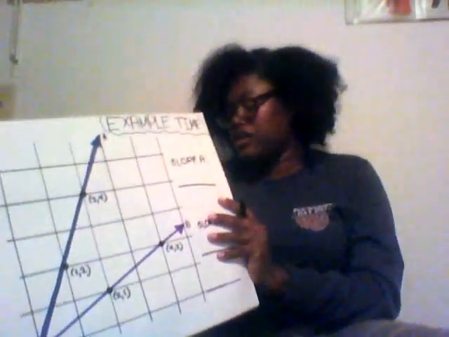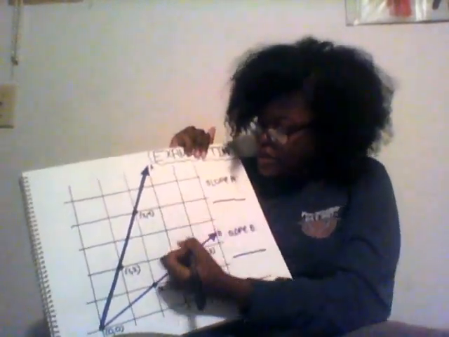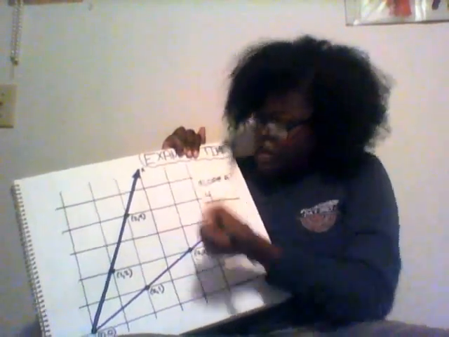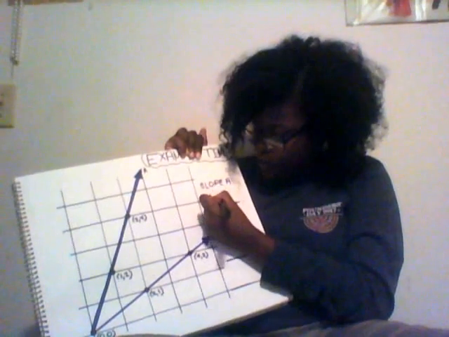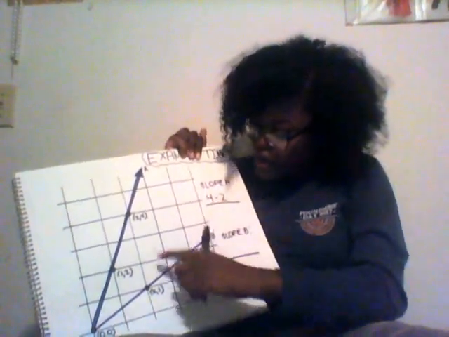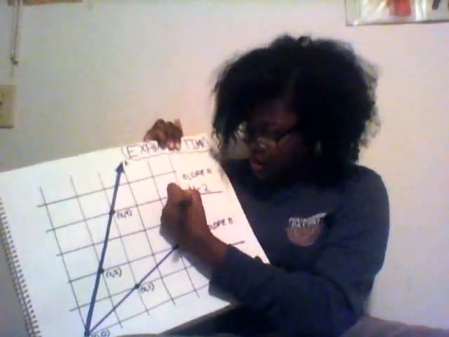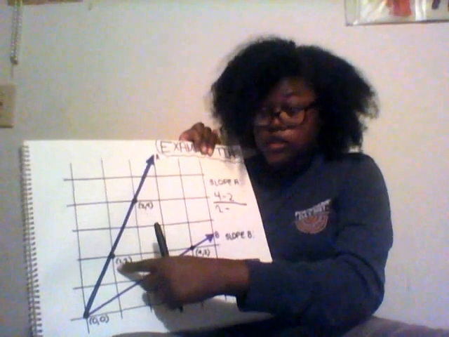Remember, our points are 2, 4, and 1, 2. So I'm going to be writing out y sub 2, which is 4, minus y sub 1, which is 2, over 2, which is x sub 2, minus x sub 1, which is 1.